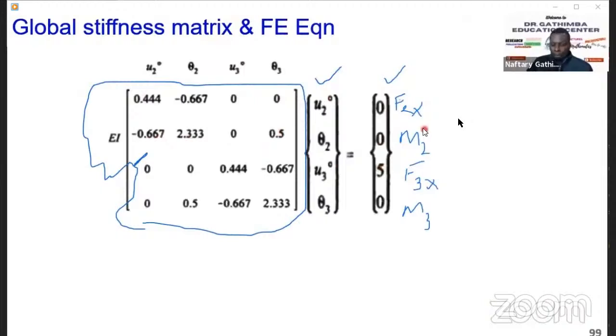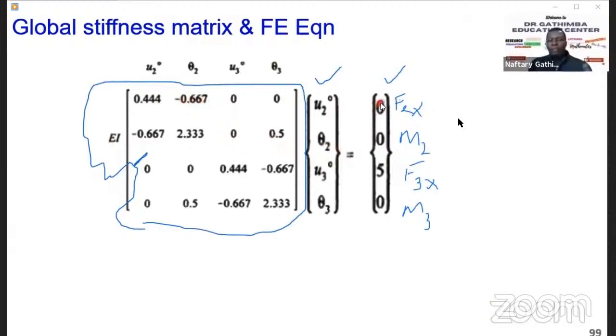Now this becomes very simple. You solve for the unknown values of U2, theta 2, U3, theta 3. If, for example, you take the first row, you have 0.44 of course EI is there, U2 minus 0.667 theta 2 is equal to 0.